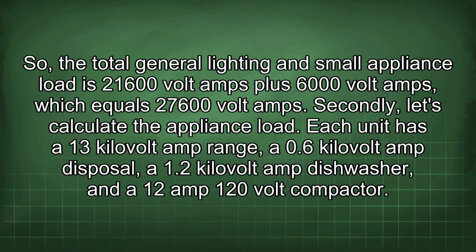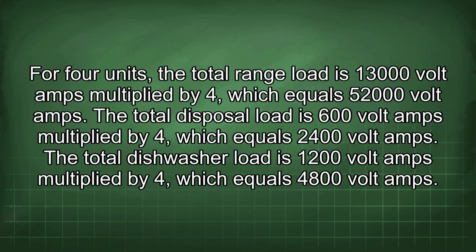Secondly, let's calculate the appliance load. Each unit has a 13 kV amp range, a 0.6 kV amp disposal, a 1.2 kV amp dishwasher, and a 12 amp 120 volt compactor. For 4 units, the total range load is 13,000 volt amps multiplied by 4, which equals 52,000 volt amps. The total disposal load is 600 volt amps multiplied by 4, which equals 2400 volt amps.